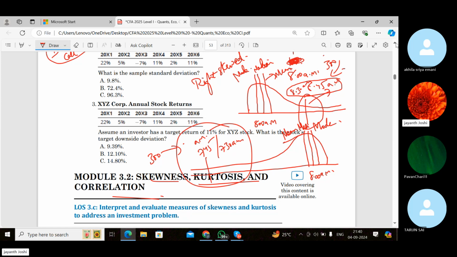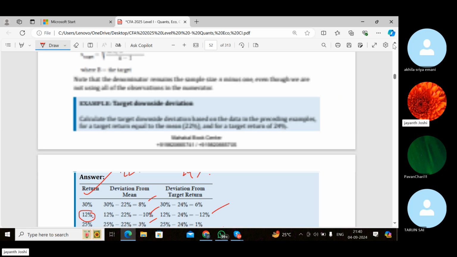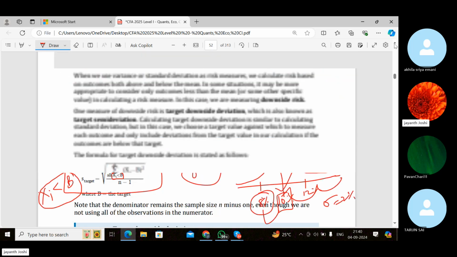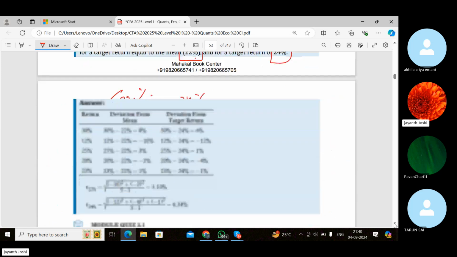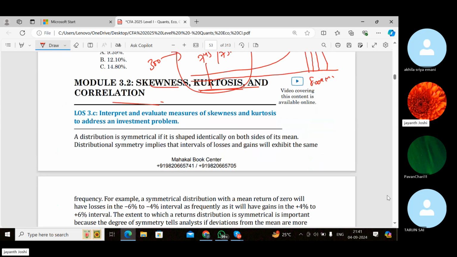Now we have discussed skewness. Coming to the next concept, that is kurtosis and correlation. Kurtosis also tells you about the shape of the normal distribution curve, whether the shape of the normal distribution curve is more peaked or flatter.